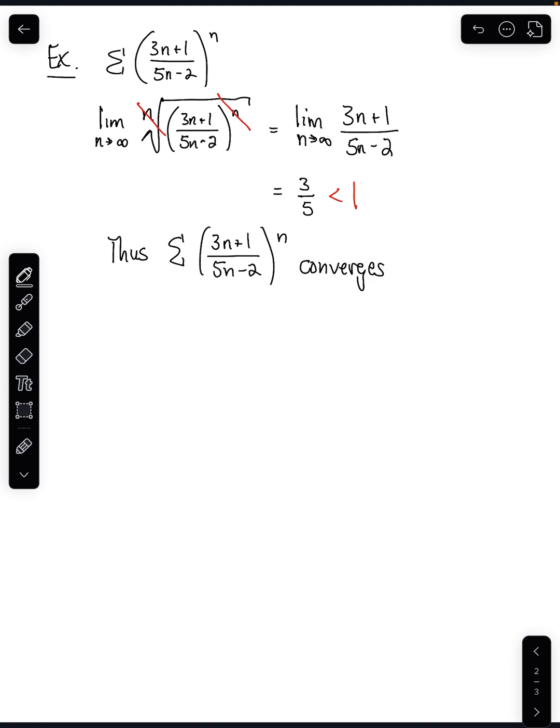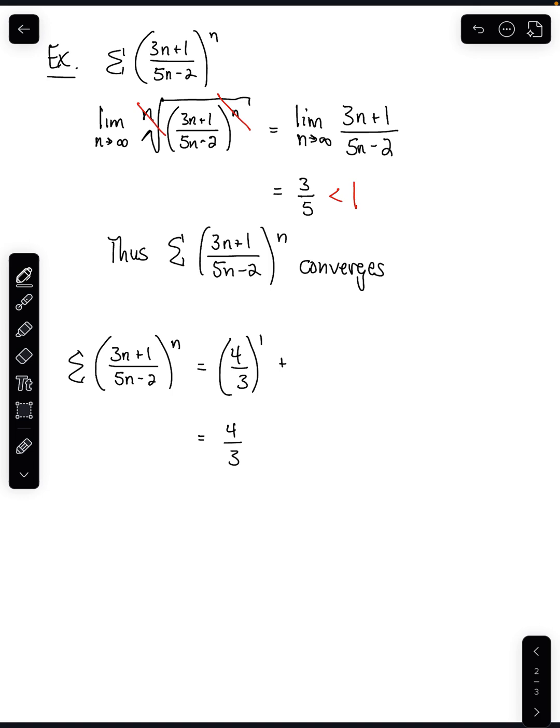Now, this may not be the most obvious thing, so it might help to, again, list out some of the terms of the series to get a feel for what's going on here. So starting with n equals 1, the numerator would be 3 plus 1 is 4. The denominator would be 5 minus 2 is 3, and that would be raised to the first power, giving us the first term being 4/3.